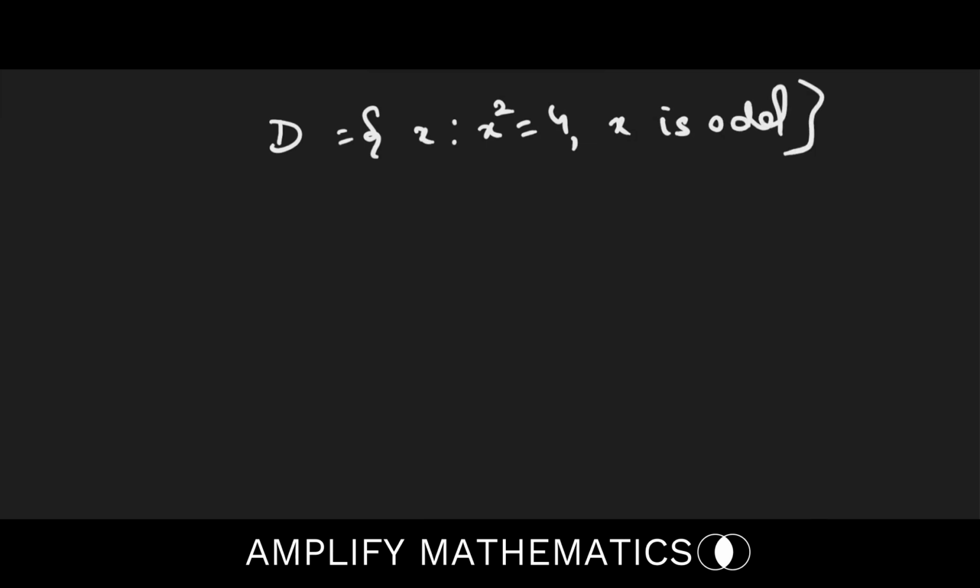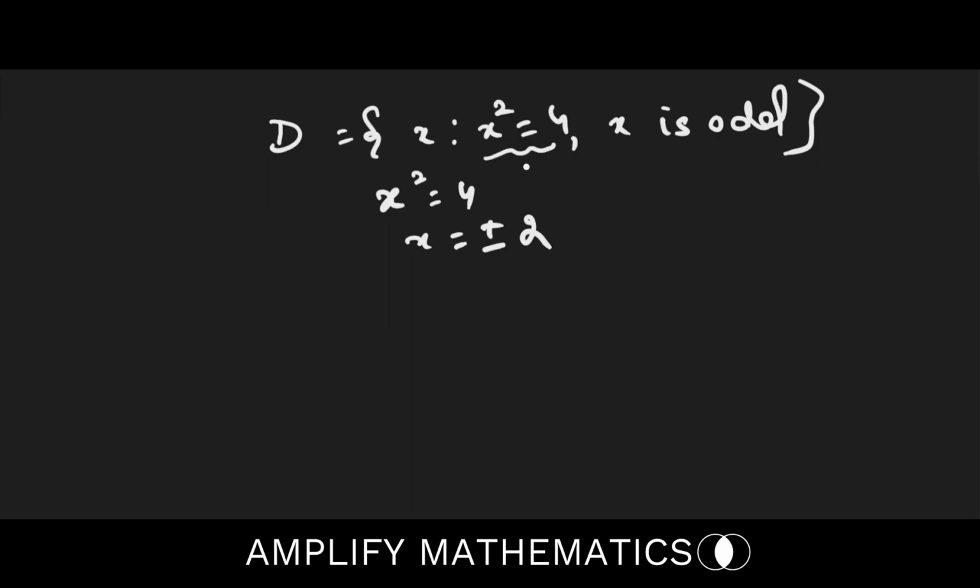So the next example is, for example, this set: {x : x² = 4 and x is odd}. For this we have to find its roots. If x satisfies this equation, let's see, first we will find its roots. x² is 4, it means x is ±2. Now +2 is not odd, and −2 is again a negative integer, so we don't talk of that.